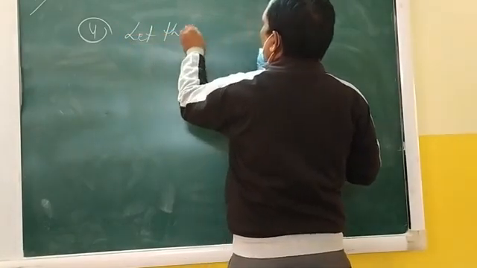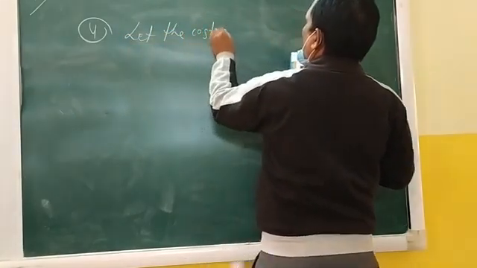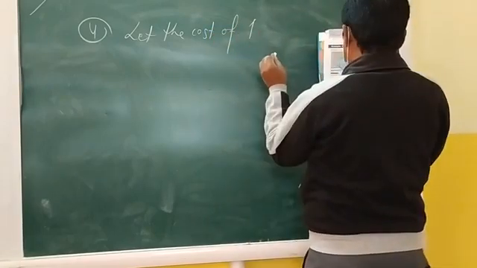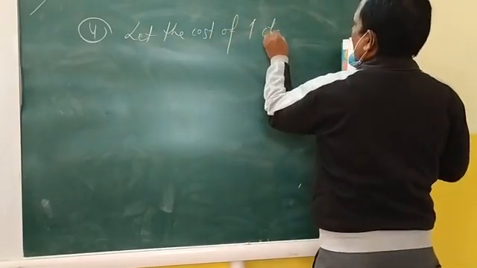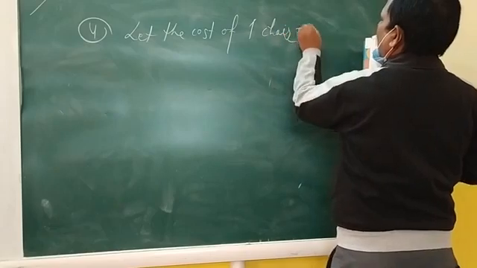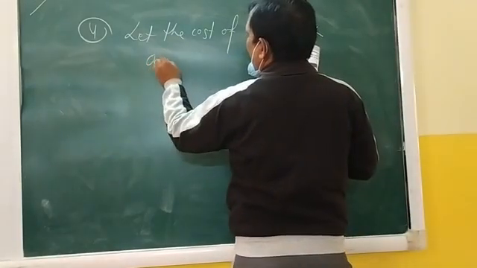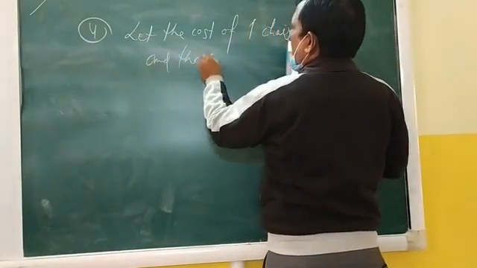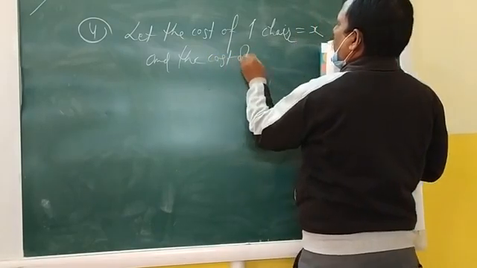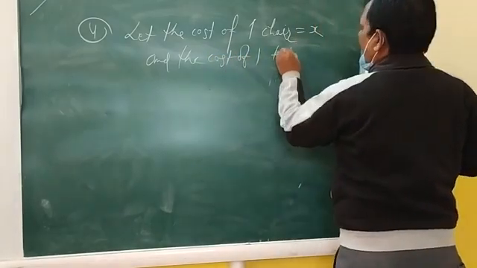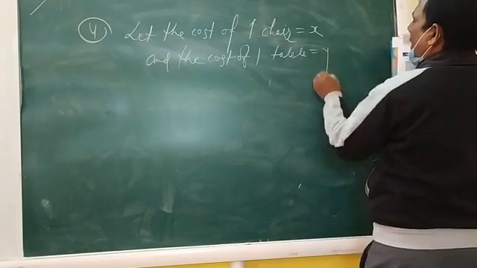Let the cost of 1 chair equal to x and the cost of 1 table equal to y.